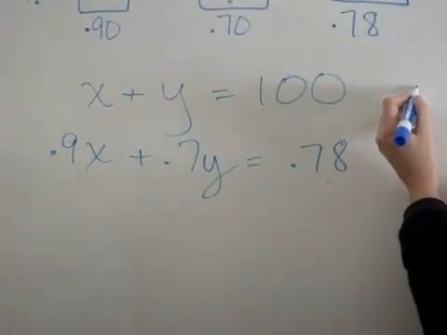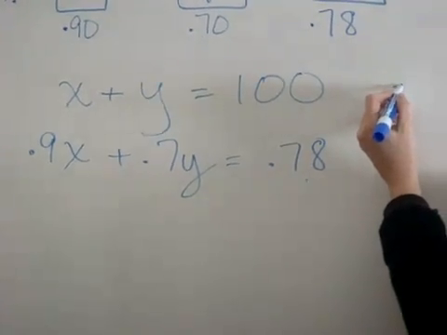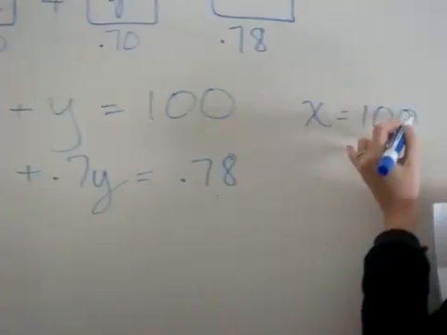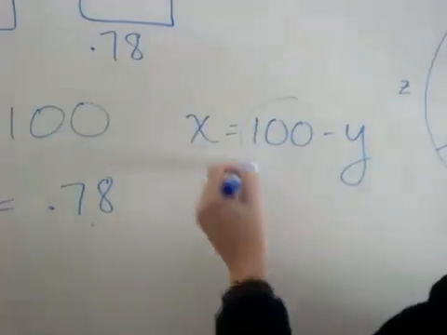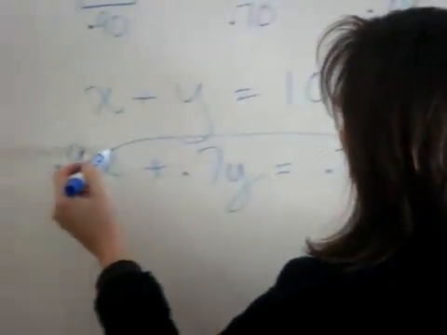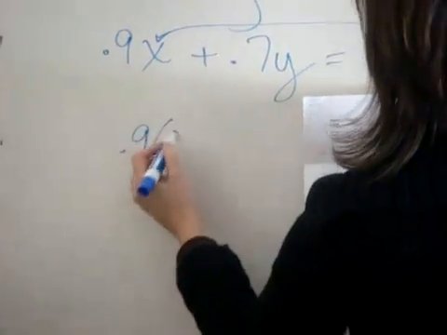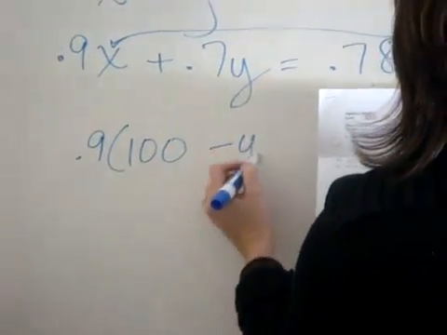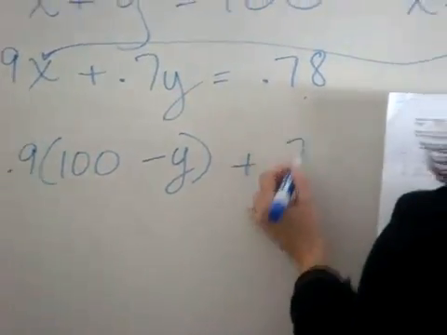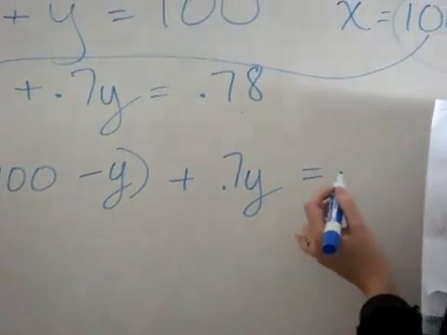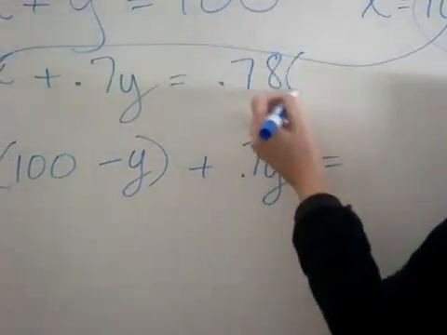Let's do x equals 100 minus y. And then we're going to take this and we're going to substitute it in for that. So we get 0.9 times 100 minus y plus 0.7y equals, whoops, I forgot to take this times 100.